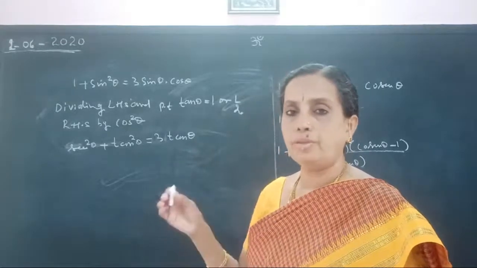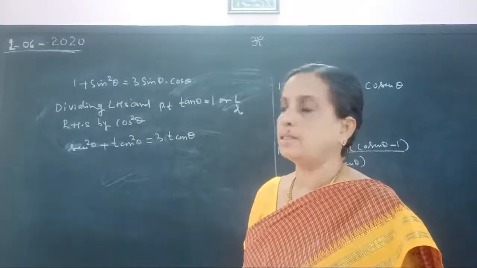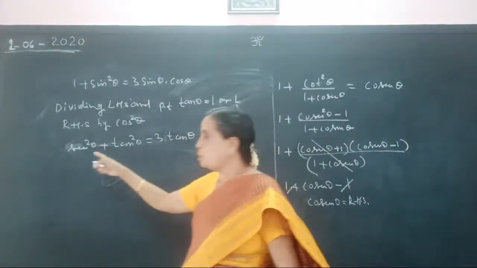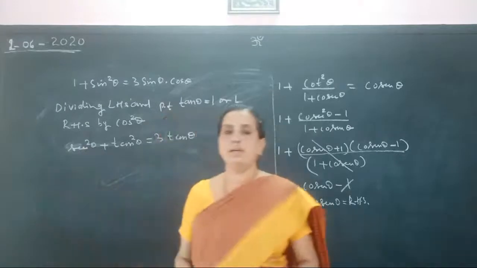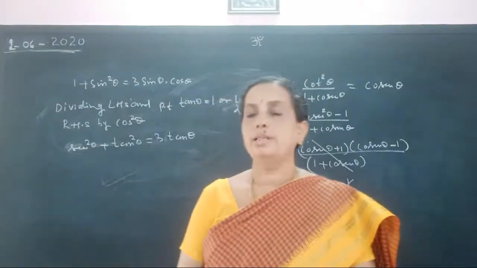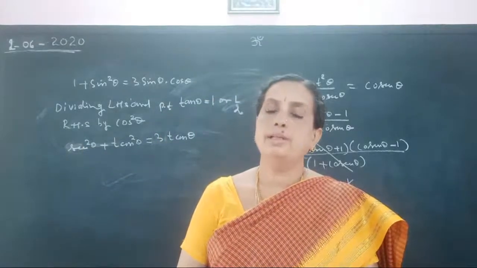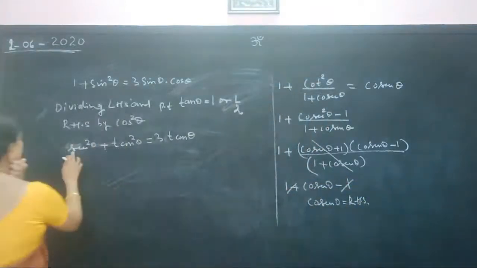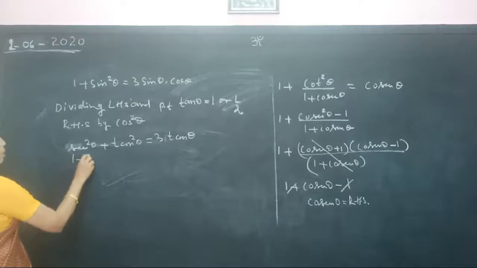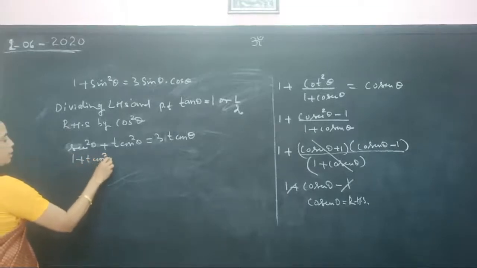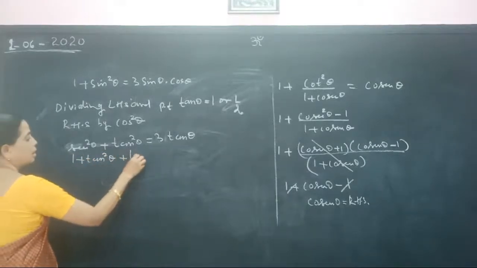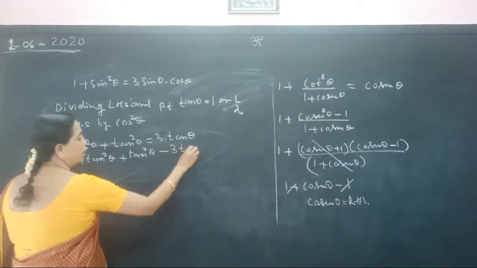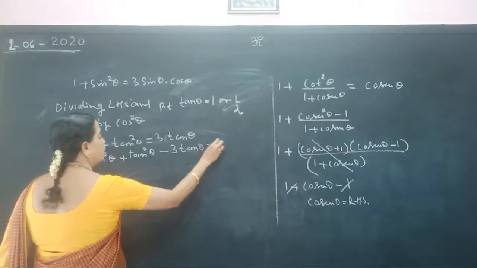Further, you have secant and tan. You have to express everything in tan because we require the tan value. So express secant also in terms of tan. That is 1 plus tan square theta is secant square theta. So I will replace secant square theta as 1 plus tan square theta, plus tan square theta minus 3 tan theta equals 0.